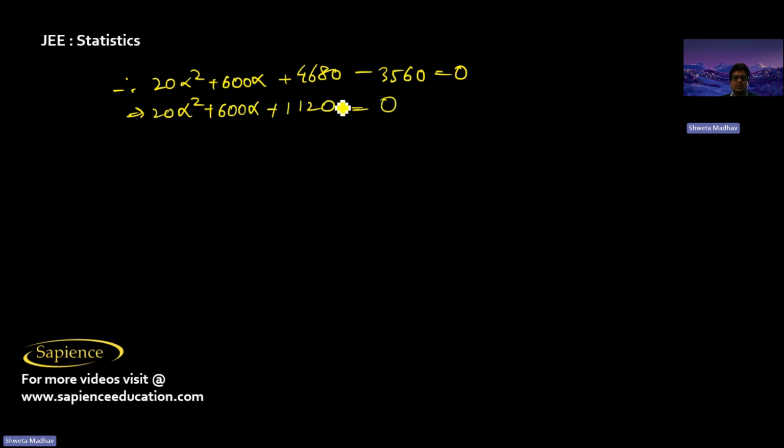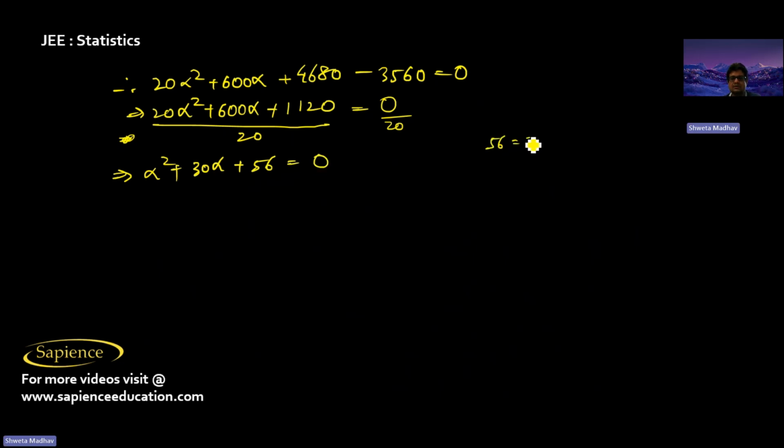Now we can divide both sides by 20, and this will be alpha square plus 30 alpha plus 56 equal to 0. Now 56 is 28 into 2, and 28 plus 2 is 30. So I can say alpha plus 28 into alpha plus 2 is equal to 0.